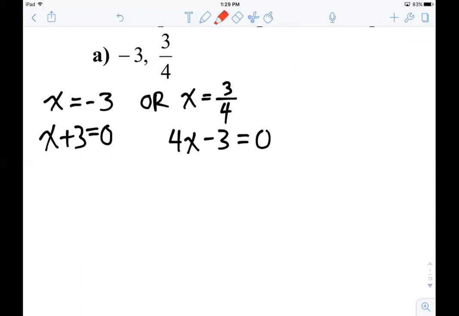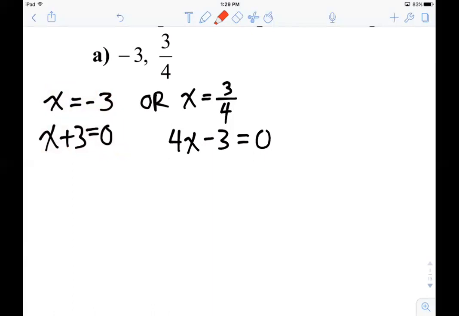So if I take 4x minus 3 equals 0, and I try and solve it all over again to get x all by itself, well, guess what? I will get x equals 3/4. And if I start with x plus 3, and I try and solve it all over again to see what x would equal, I will get x equals -3. So now, again, we're just working backwards, but writing equivalent statements.